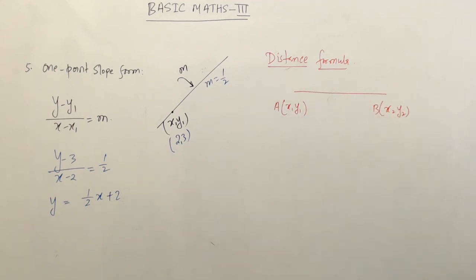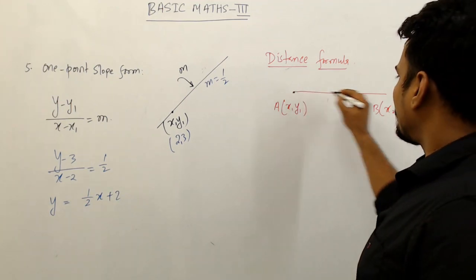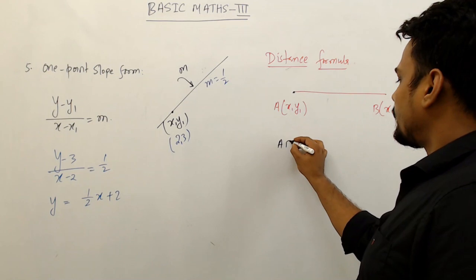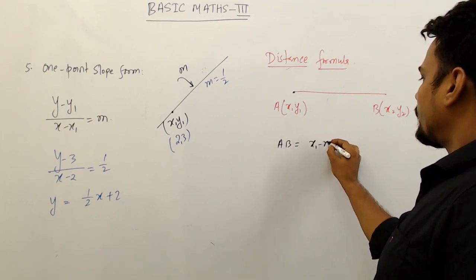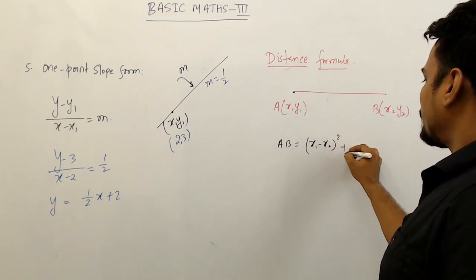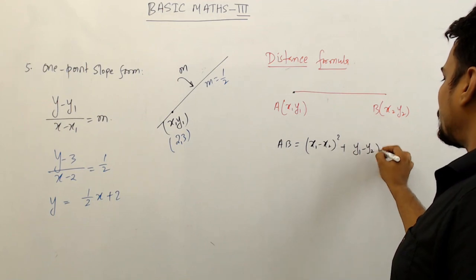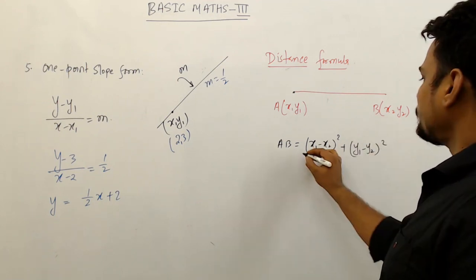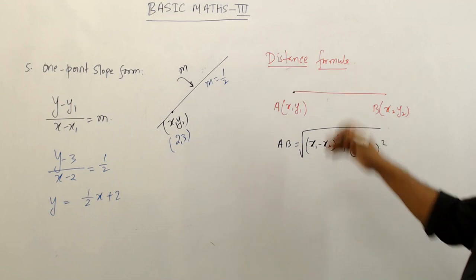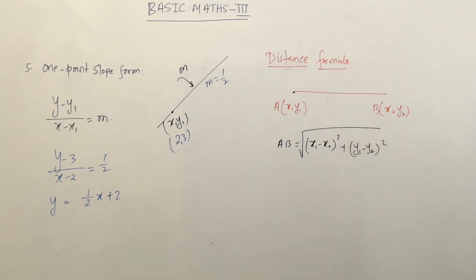If I want to find the distance AB, the length of AB, it should be easily given as the square root of (x1 minus x2) whole square plus (y1 minus y2) whole square. That's how you can find the distance of the points, probably a line segment.